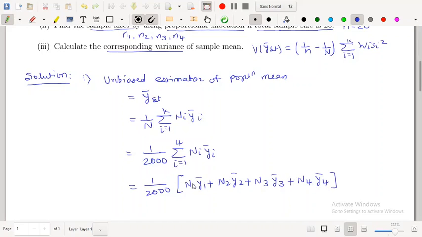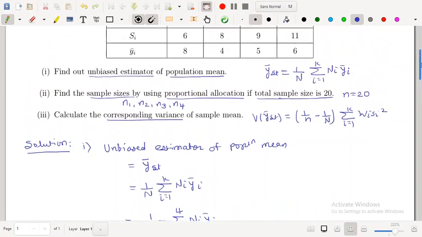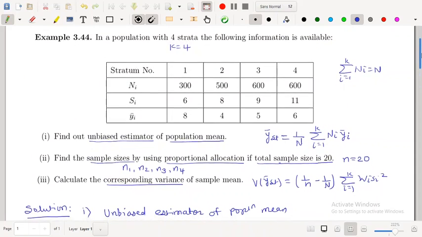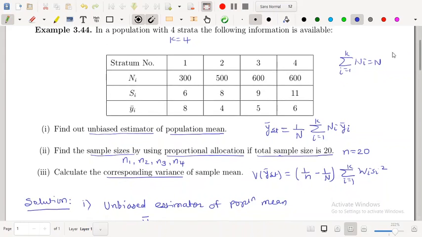And capital N1 is given, y bar 1 is also given, N2 and y bar 2 are also given. Similarly up to N4 and y bar 4, all these things are given in this table.